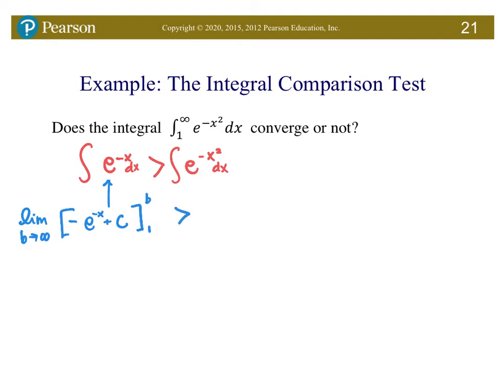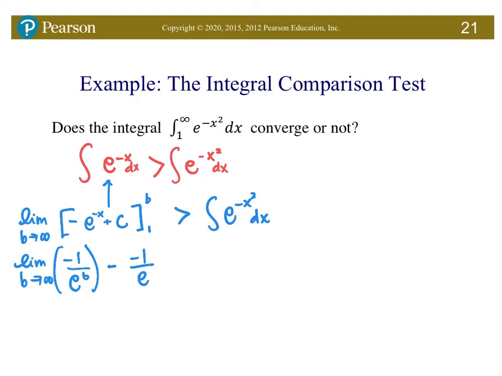That has to be greater than the integral of e to the negative x squared dx. And so when we evaluate the limit as b approaches infinity of negative 1 over e to the b, minus negative 1 over e to the first.